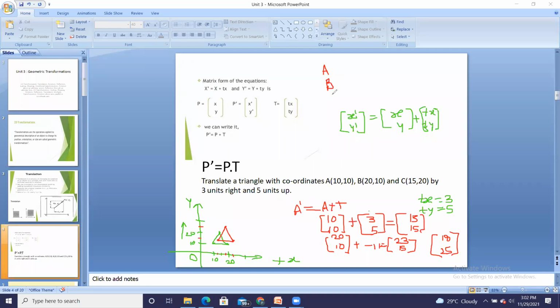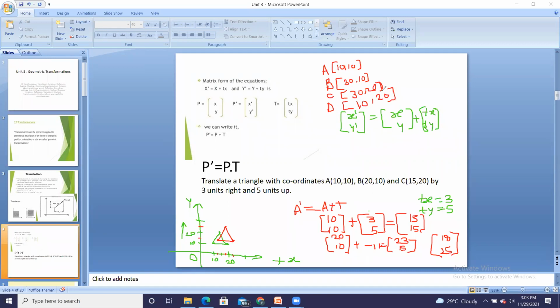You have to translate this to its new location where A is 10, 10, B is 30, 10, C is 30, 20, and D. Can you tell me the coordinates of D if it is a rectangle? 10, 20. Right, very nice. 10, 20.